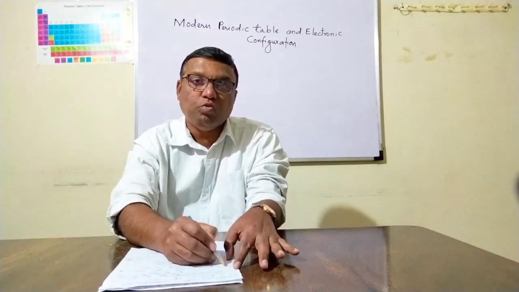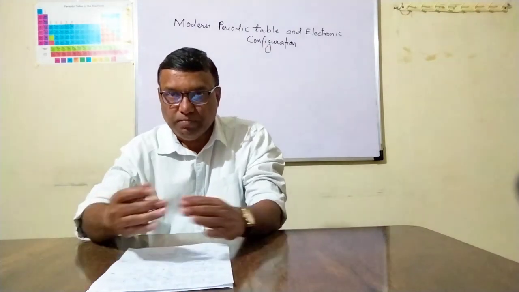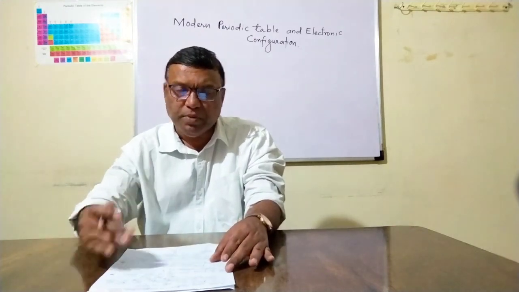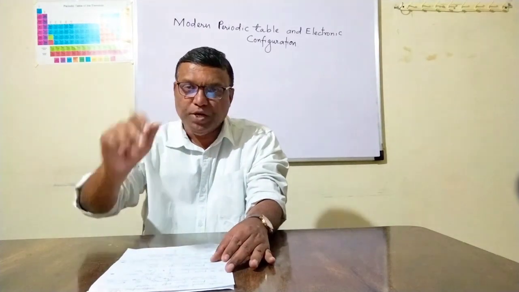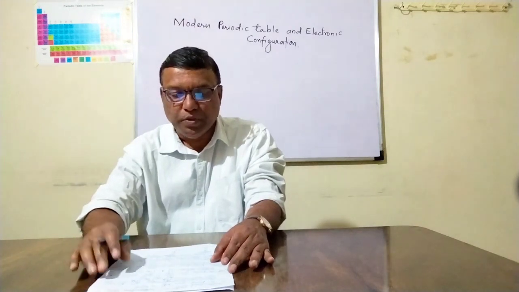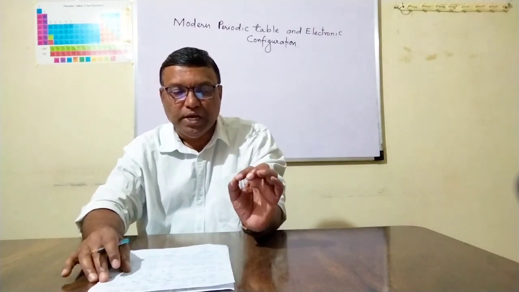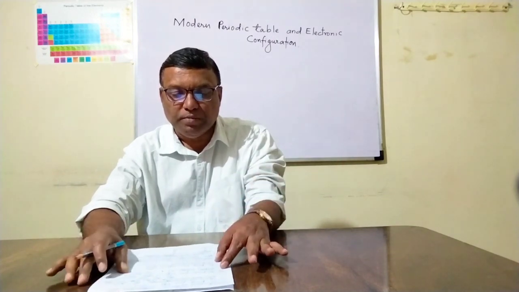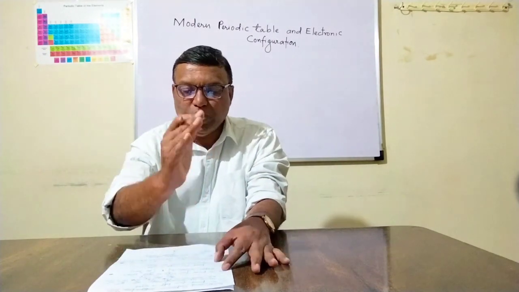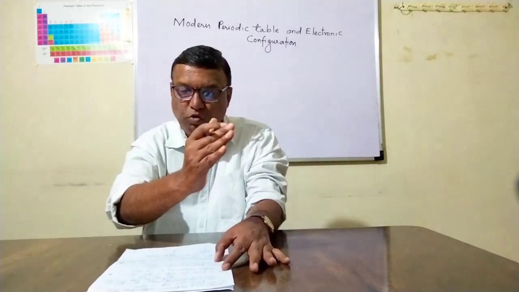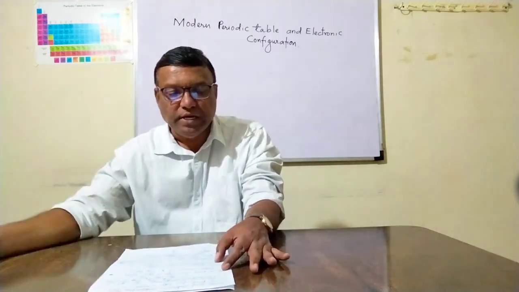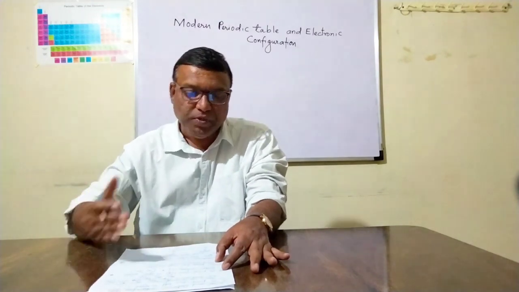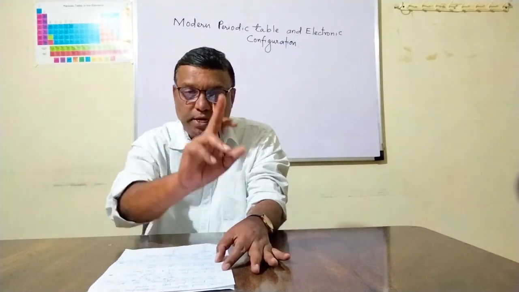I hope you understand this example, what we are explaining with the help of the example, and the point also you understood. Point number three, which is related with the periods and electronic configuration. What is point number three?